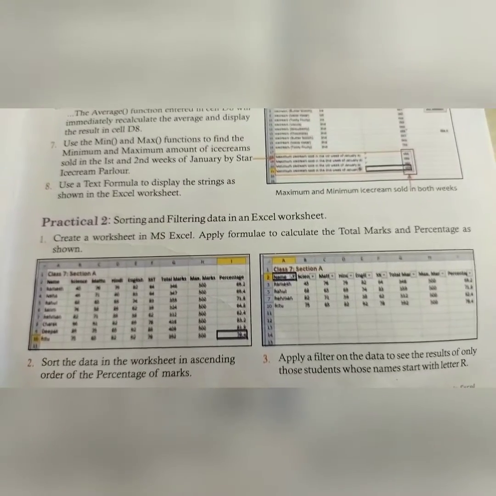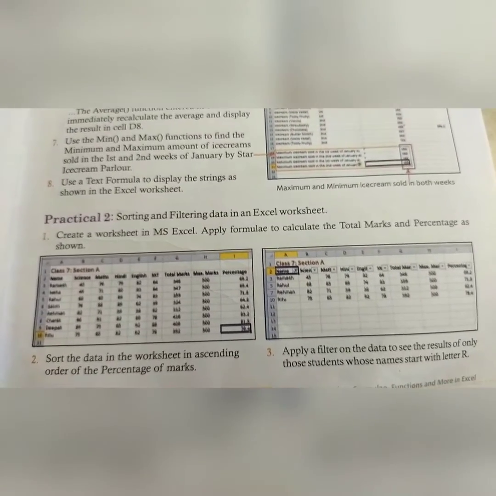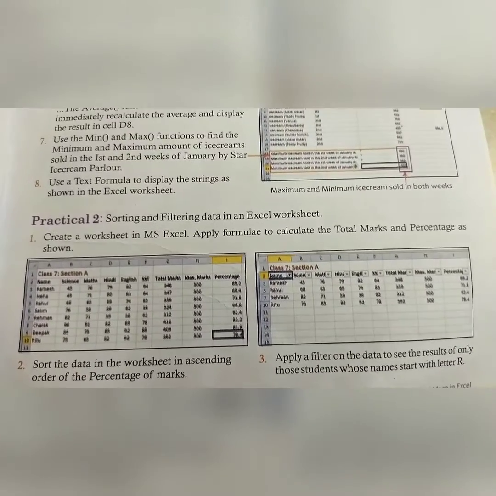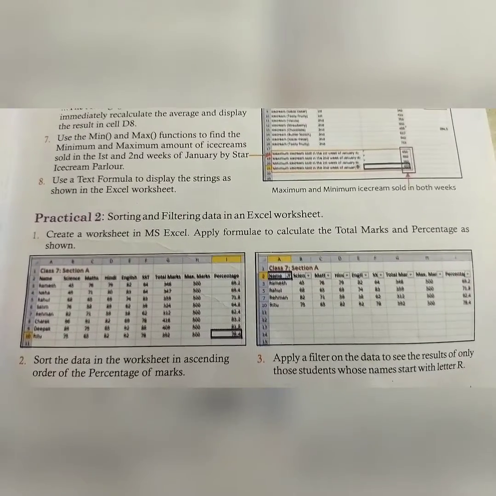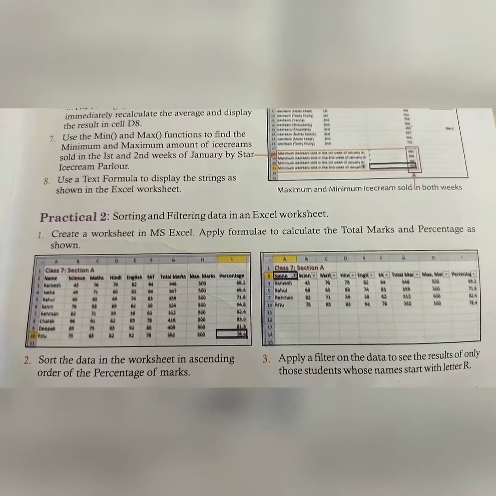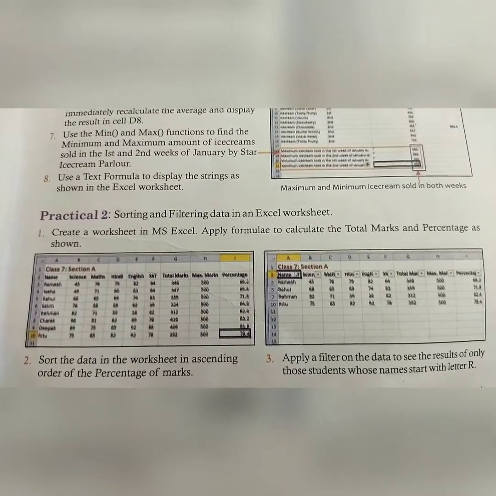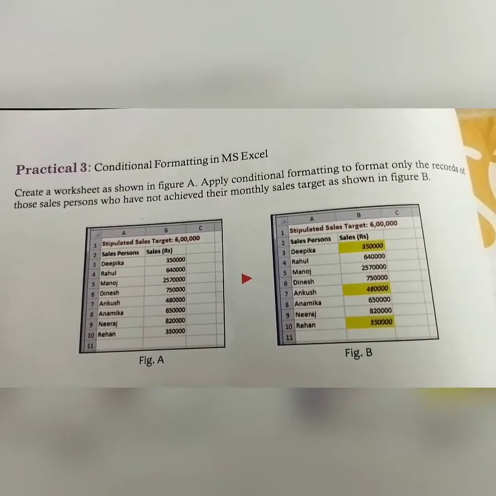Then apply a formula to calculate the total marks and percentage as shown. After that, sort the data in the worksheet in ascending order of the percentage of marks. Third, apply a filter on the data to see the result of only those students whose names start with the letter R. Practical number 3, conditional formatting in MS Excel.